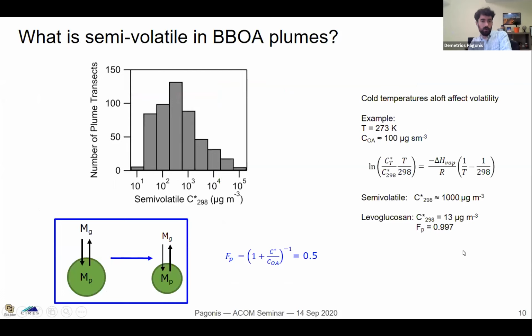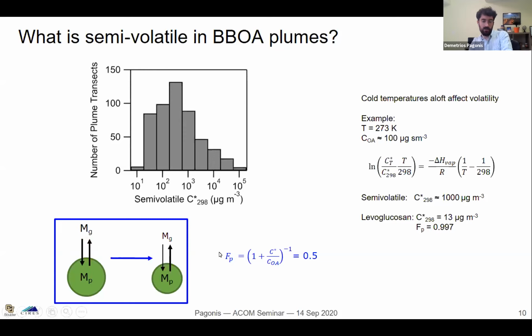Okay. So working our way back to the second challenge that I had listed in terms of which components are actually semi-volatile in biomass burning OA, right? So, which components end up being equally partitioned here between the gas and the particle phase.